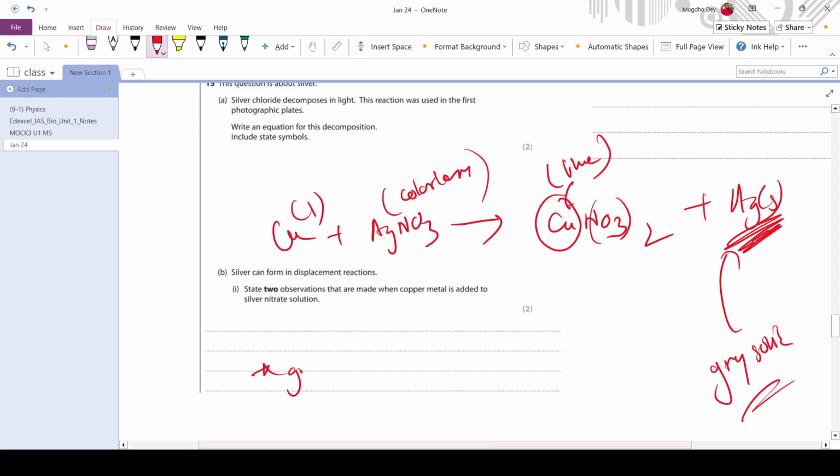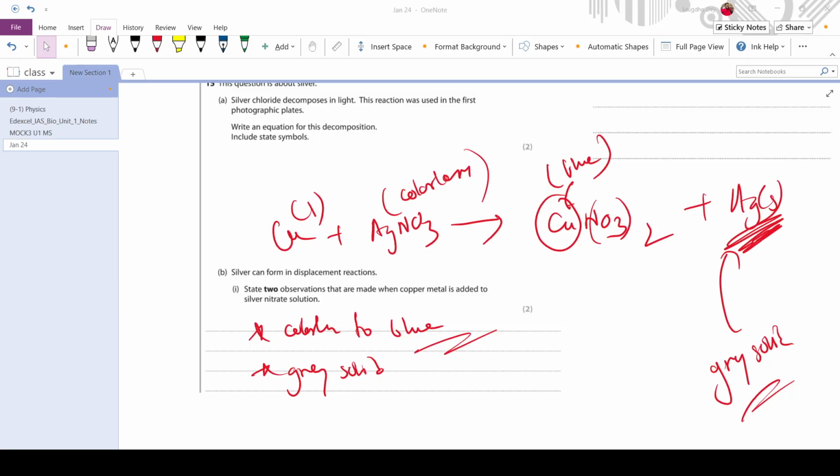So we can say gray solid and colorless to blue. Did you understand? No, silver does not have any color. We can't see it. It's just plain like water.